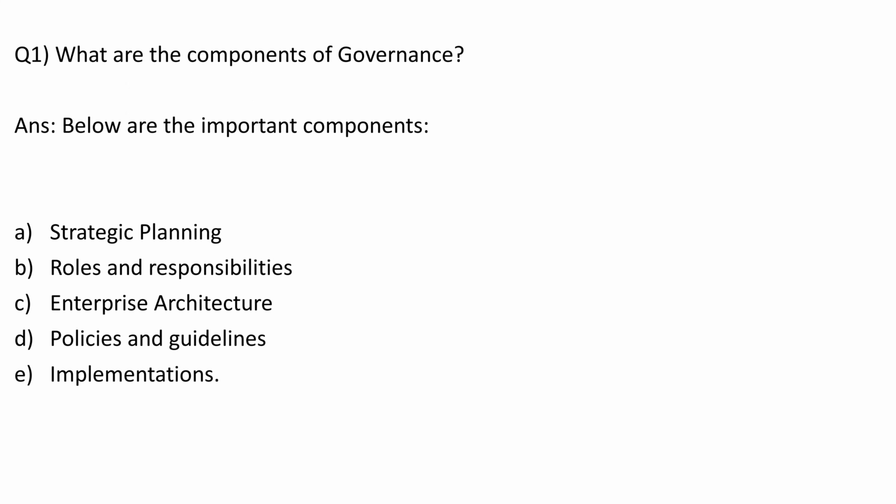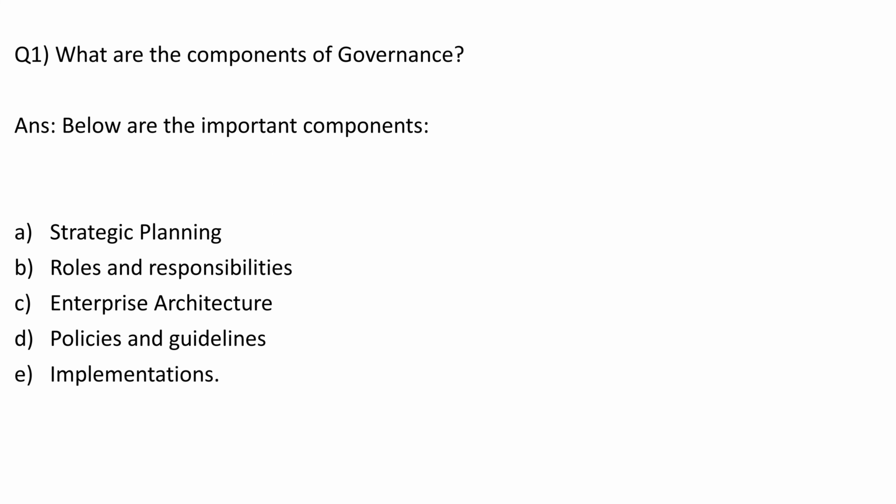Means what are the policies under governance that we should follow, what we should not follow, or guidelines released by the organization. This is the fourth point, policies and guidelines. Last but not least is the implementation part. Implementation means deploying the effective controls to avoid the risk. This is the last component of governance.